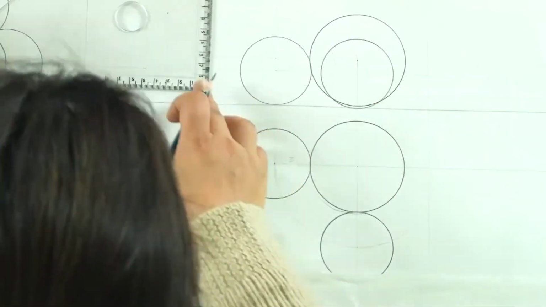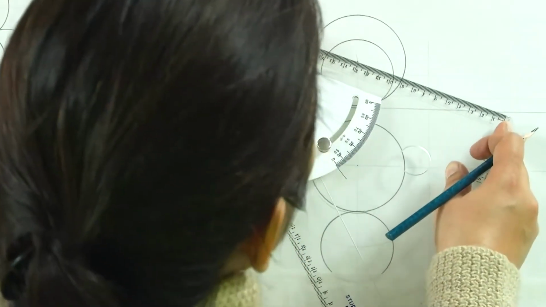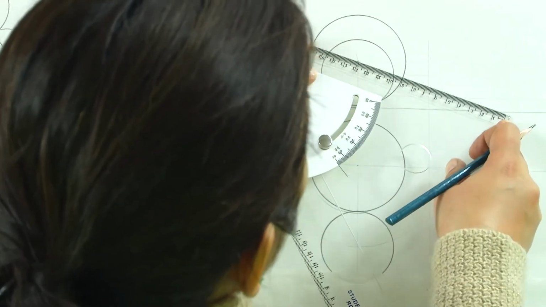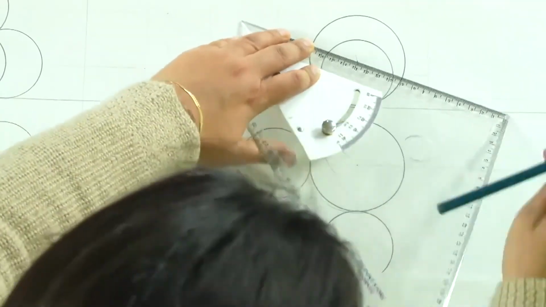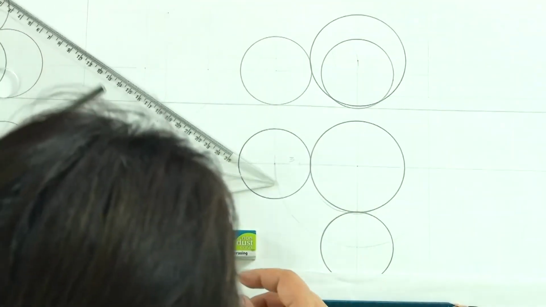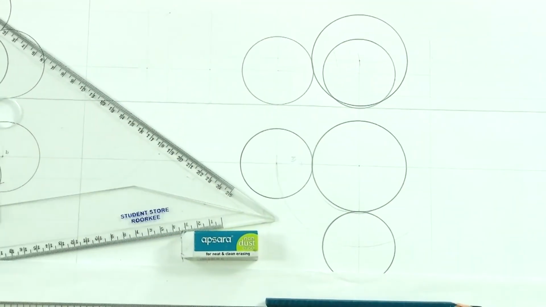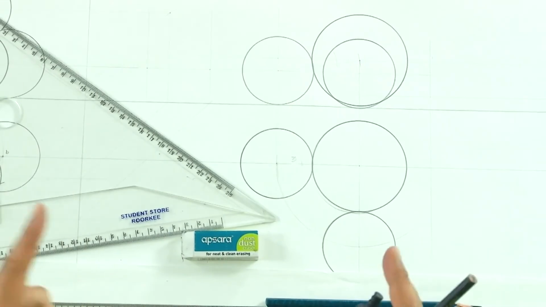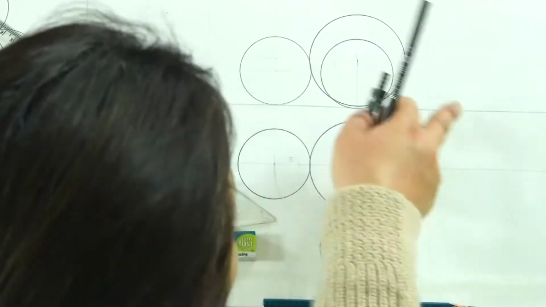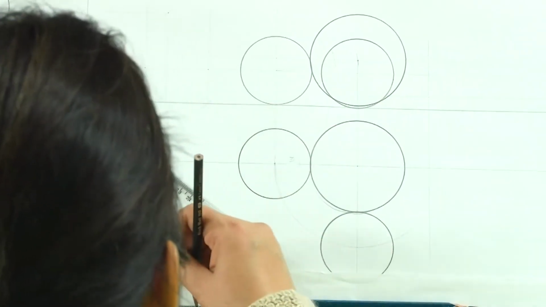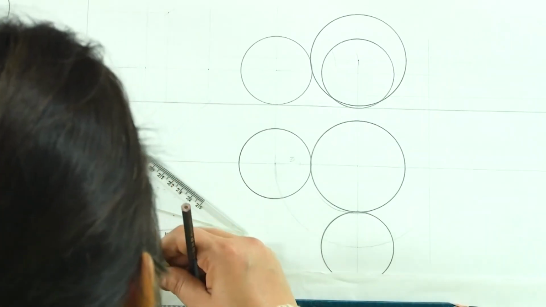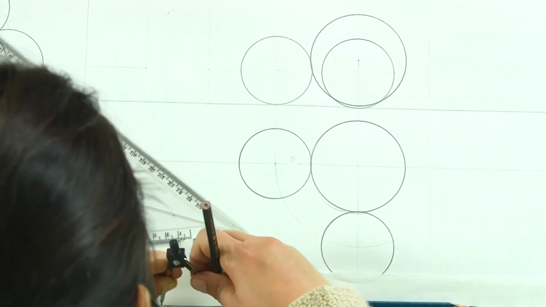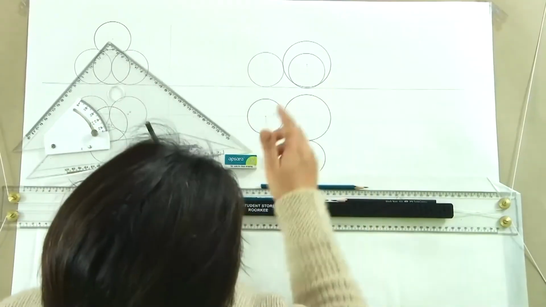Now, the radius of this bigger sphere is 4 centimeters plus 1, 5 centimeters. So this will be the distance of the line joining the two centers. We will take a distance of, say, 5 centimeters. Take this as the center and we will mark here.